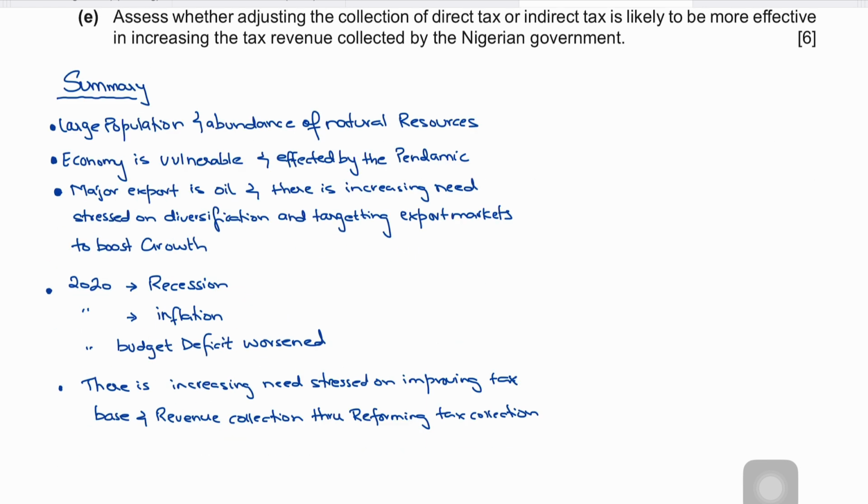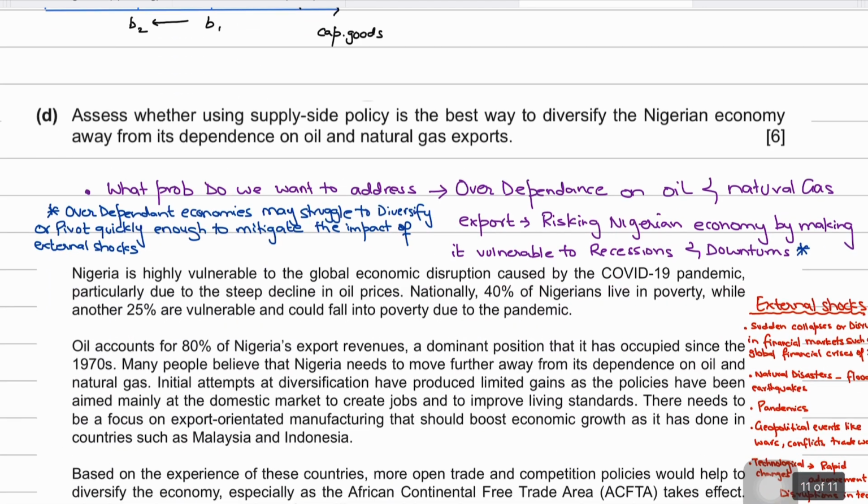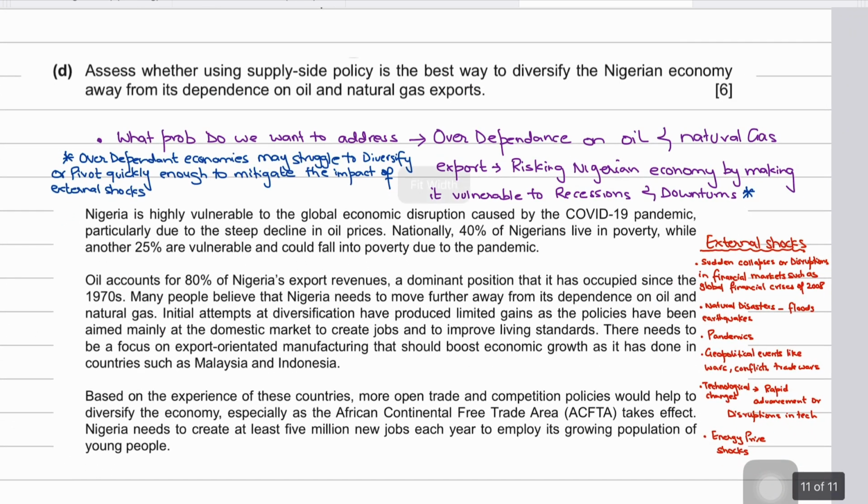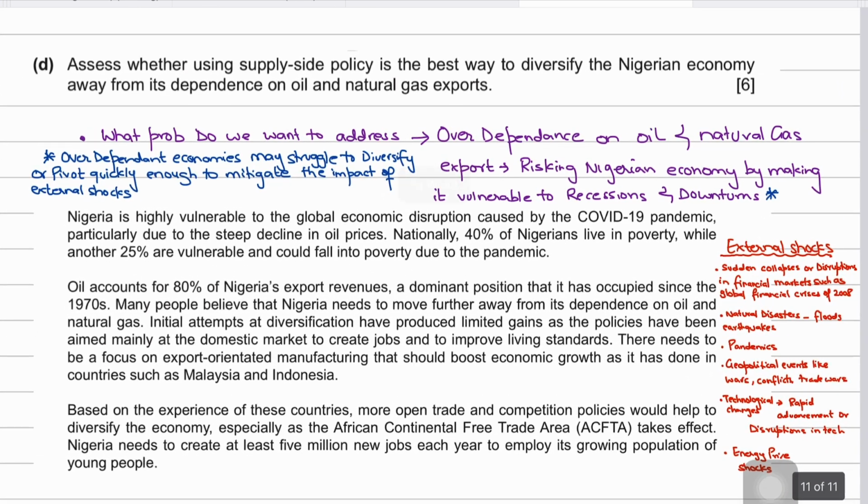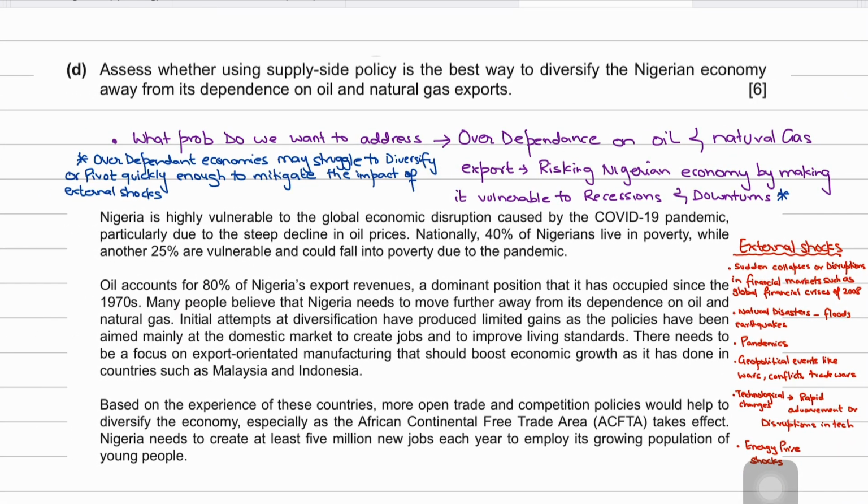Now, as far as this question is concerned, guys, one thing which is very important that you need to understand is that the most common mistake students made for this question was that they ended up explaining what supply side policies are, how they are different, and how supply side policies could benefit.